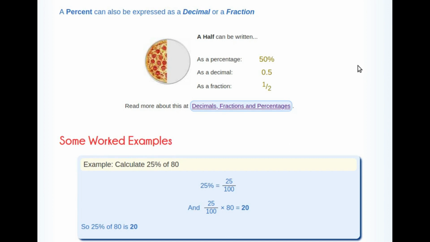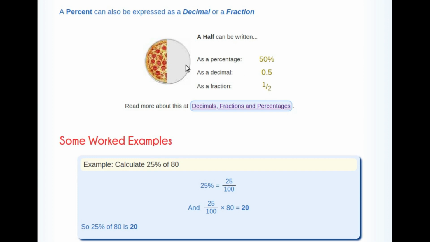A percent can also be expressed as a decimal or a fraction. We know that whenever we take a piece of pizza and cut it into 2 halves and pick one half from these two, we call it 1 by 2 as a fraction. As a decimal, this is called 0.5, that is again half.